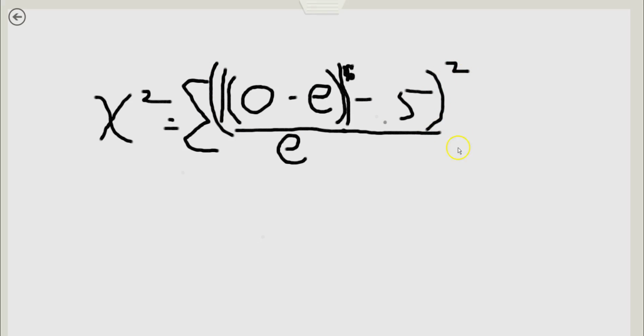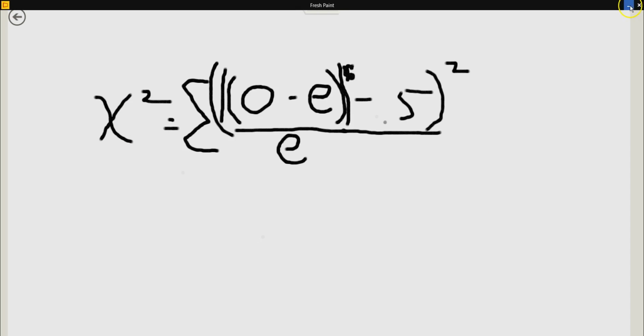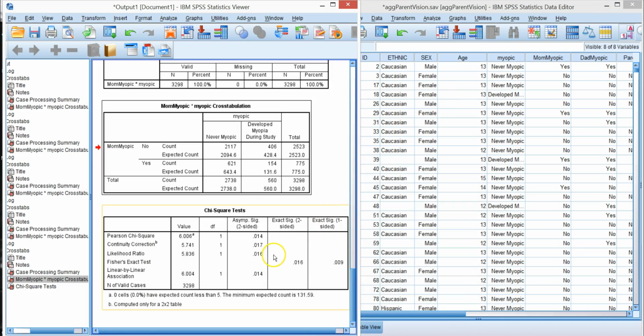That's the continuity correction. It's done because we just have 2 categories and we're trying to estimate the Poisson distribution, which is basically estimating the normal distribution with a large number of observations. So that is our chi-square test. The Fisher's exact test is based on probabilities. We won't go into that.